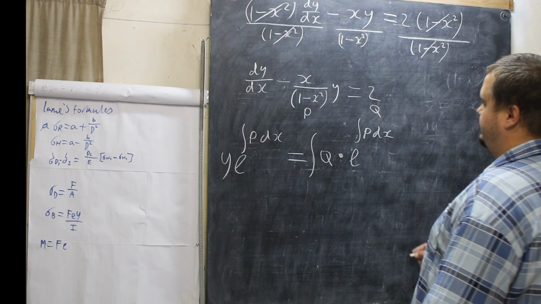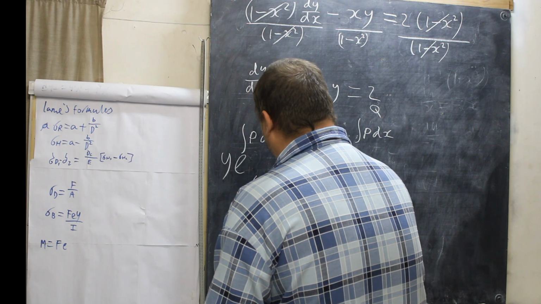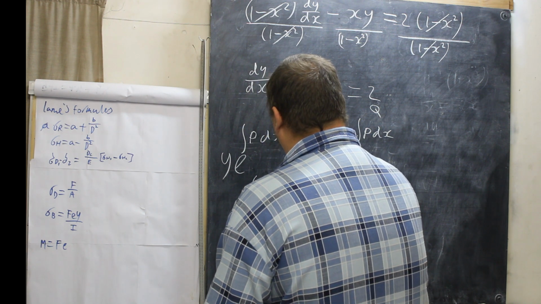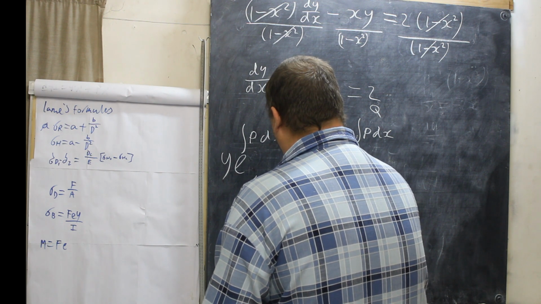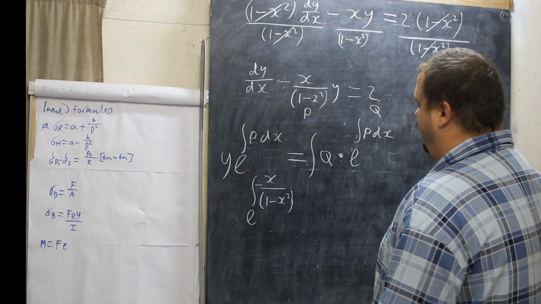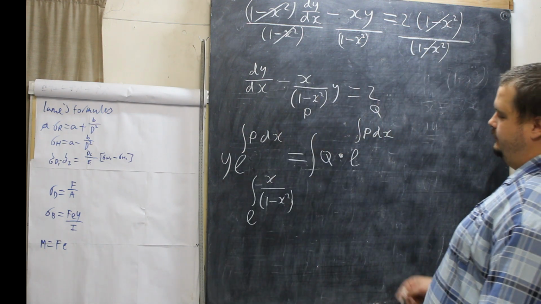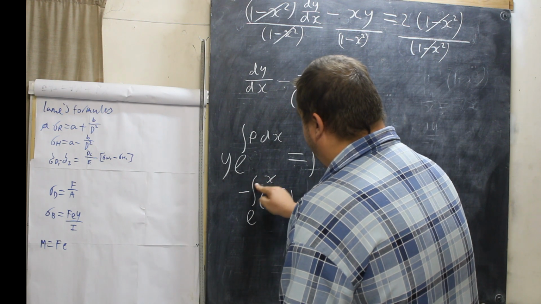So first things first, we're going to take e to the integral of minus x over 1 minus x squared. Alright, now what we can do is we can take the minus outside.